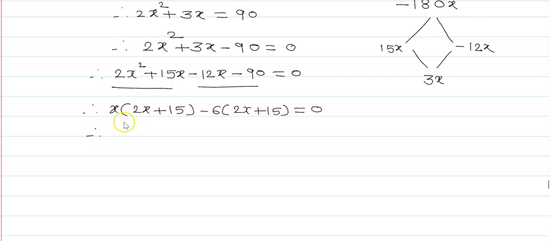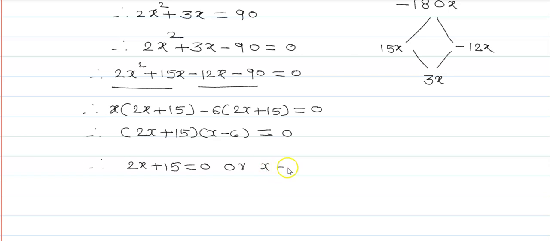And hence take 2x plus 15 first common, 2x plus 15, and in bracket x minus 6, and this equals 0. Therefore, 2x plus 15 is equal to 0, or x minus 6 is equal to 0.